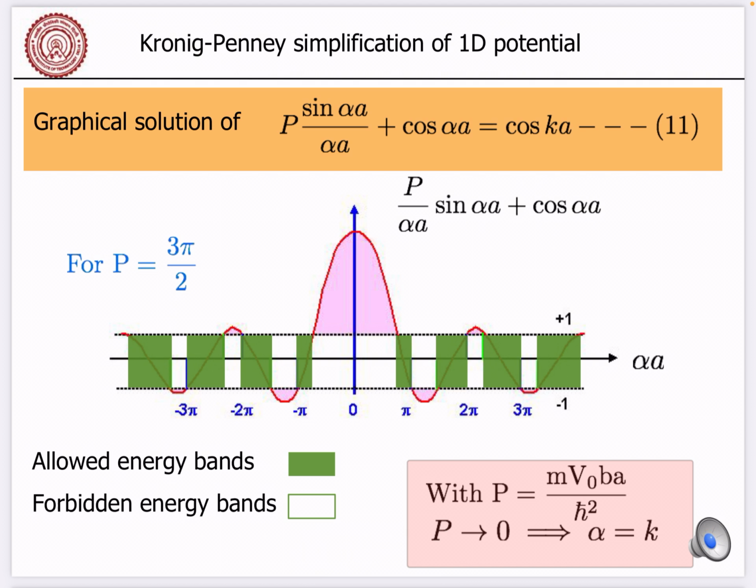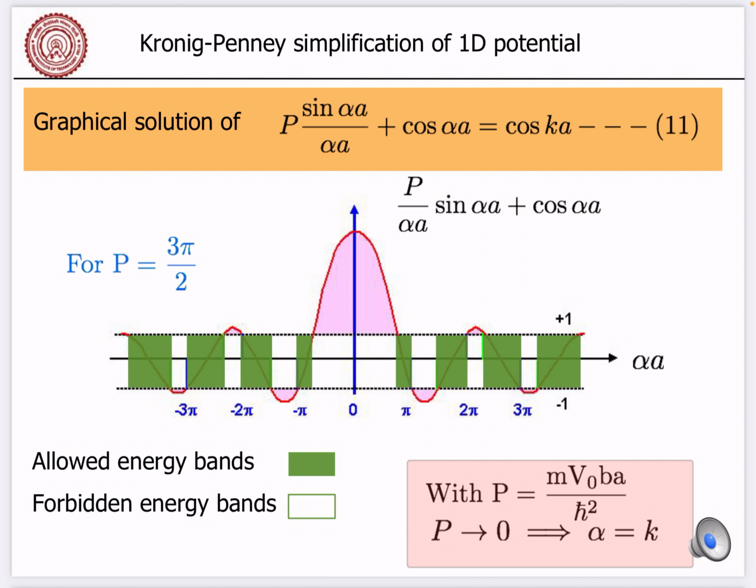Now if you look at this, the red curve which lies within the plus minus 1 lines can be considered as a band of energy. I am showing this by the green rectangle.